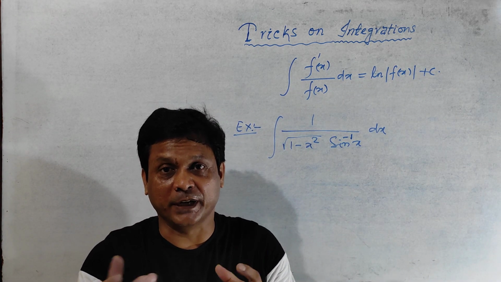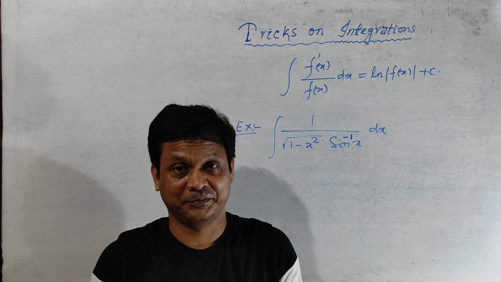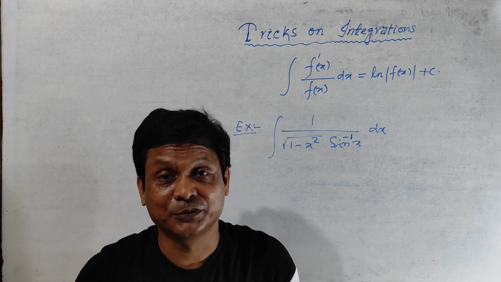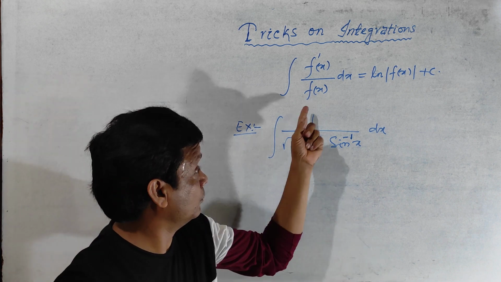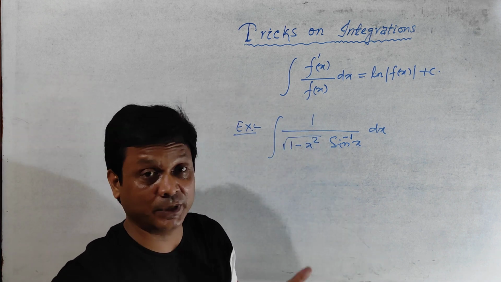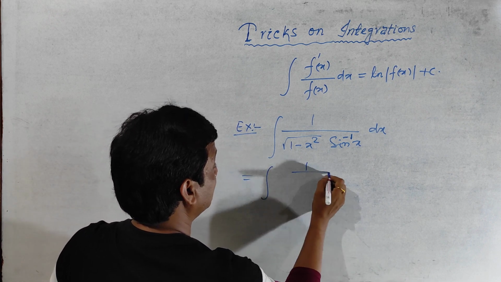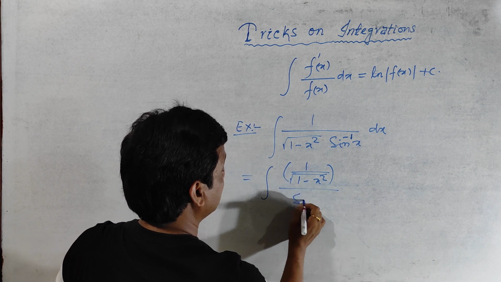Which one is the complicated part? Sin inverse x is the complicated part. Clear? And what is the derivative of sin inverse x? 1 by root over of 1 minus x square. Clear? So we can write 1 by root over 1 minus x square in the numerator like this, divided by sin inverse x.